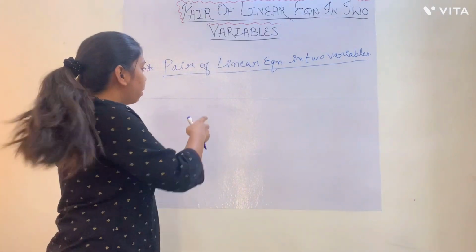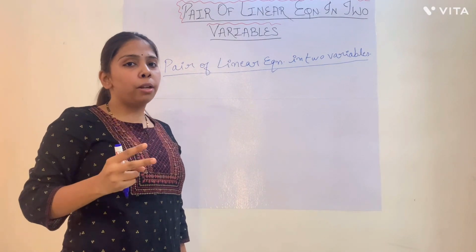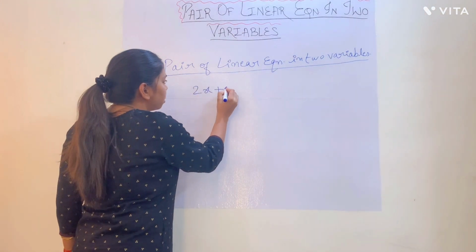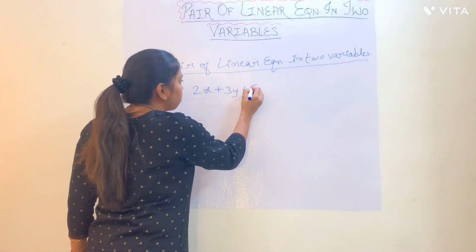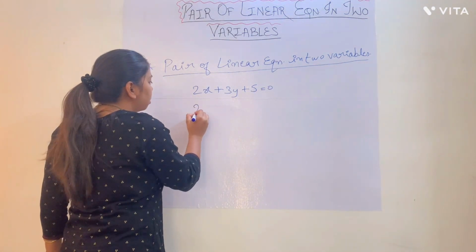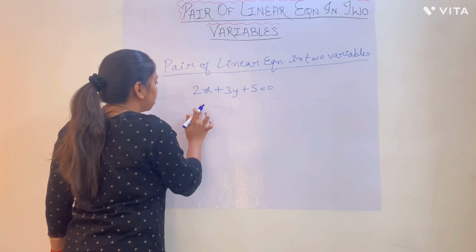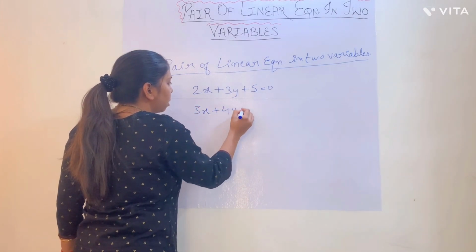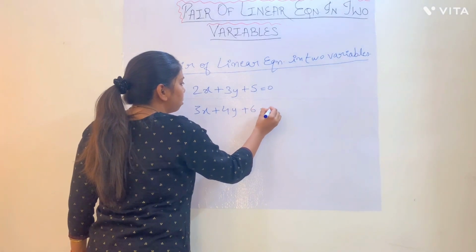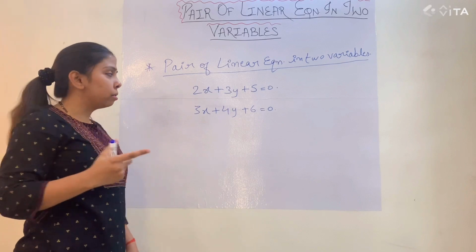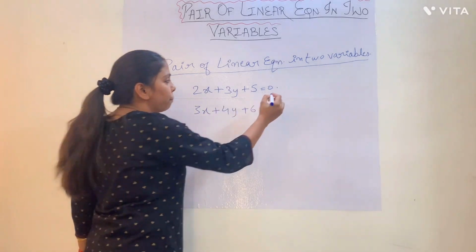Here we need two linear equations, like 2x plus 3y plus 5 equals 0, and the second one is 3x plus 4y plus 6 equals 0.